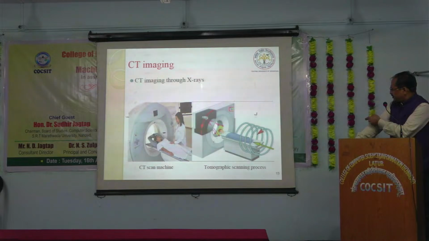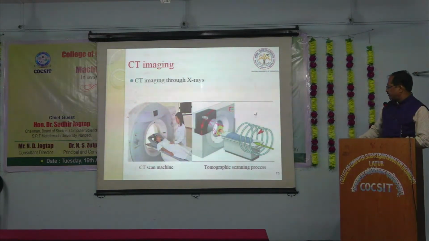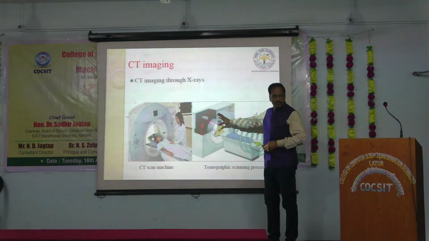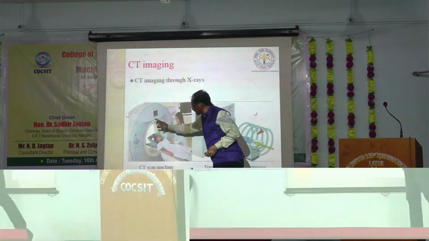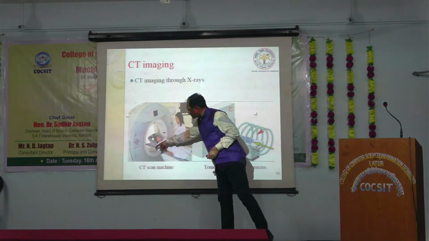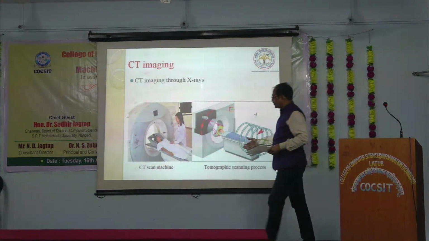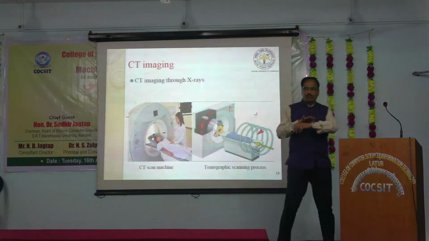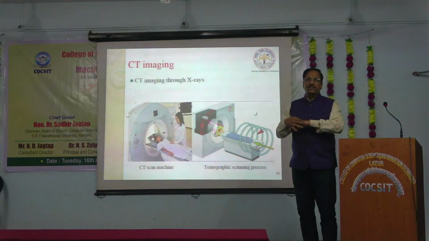So this is the image of a CT scan. All of you must have seen this. When the patient goes inside, here are the X-ray sources. There are multiple X-rays. Half of this circle contains the X-ray sources, half contains sensors. As soon as the patient goes inside, for example let us assume this bone part is being put under the CT scan, first it will take one round of X-ray.